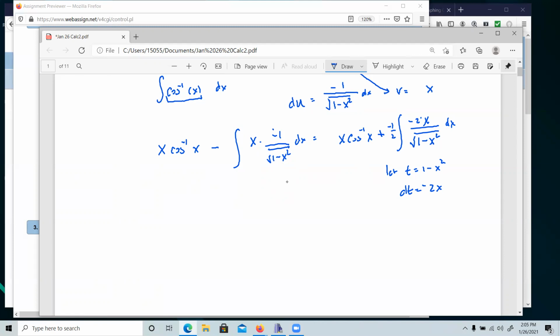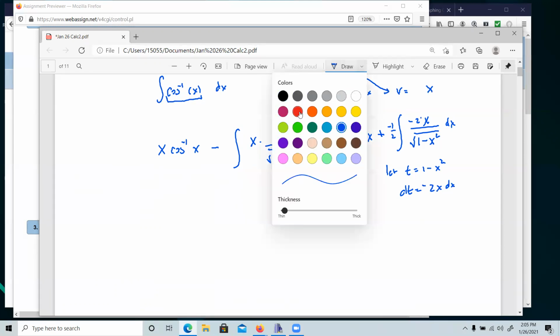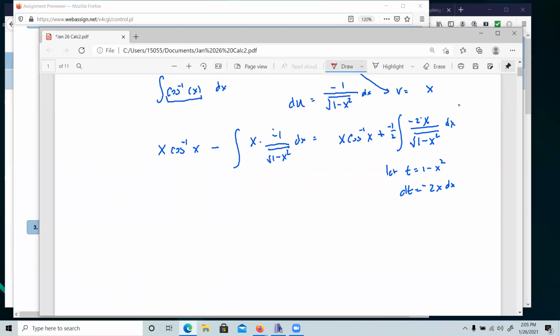So this -2x dx here is going to get substituted for my dt, and I'm going to have t on the bottom, so that's going to be t to the -1/2.